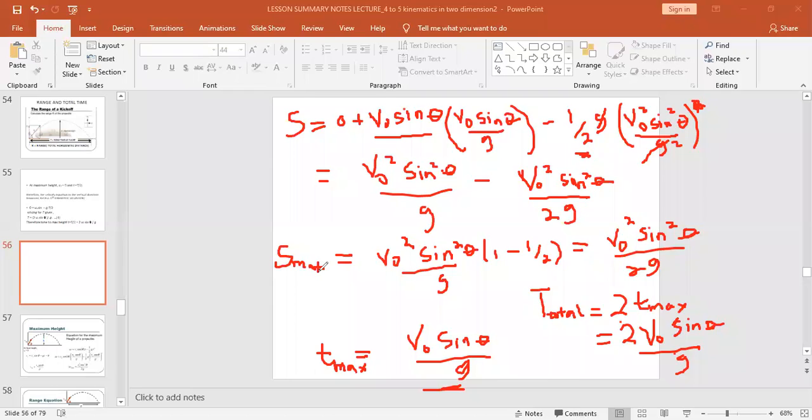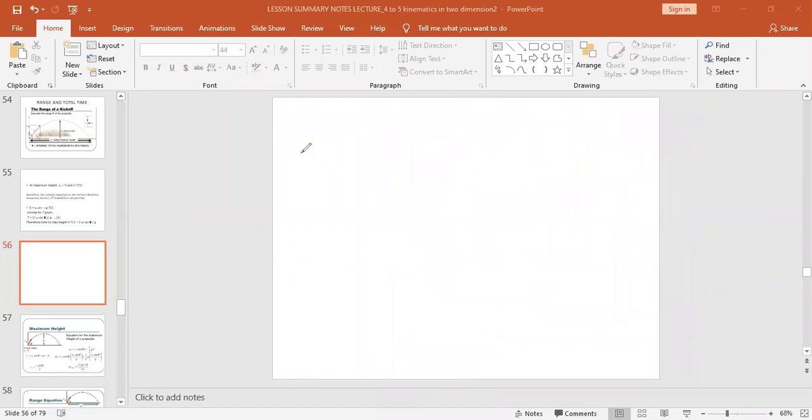With these formulas, we want to move on to the range. Range is in the X direction. We are going to use a different approach, because in the X direction acceleration is 0, so you cannot employ kinematic equations. Let me clear the screen first.